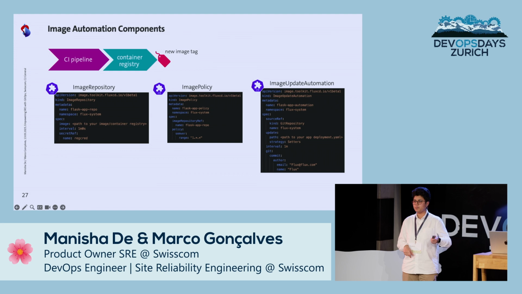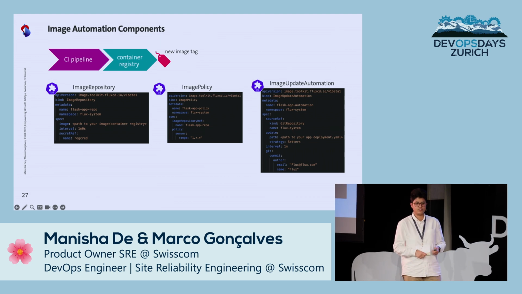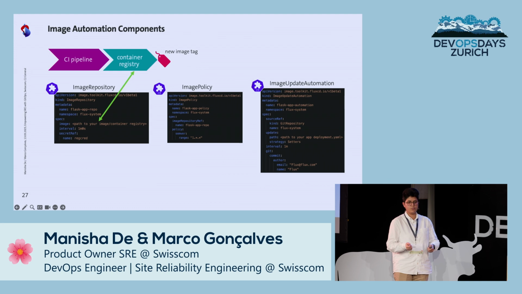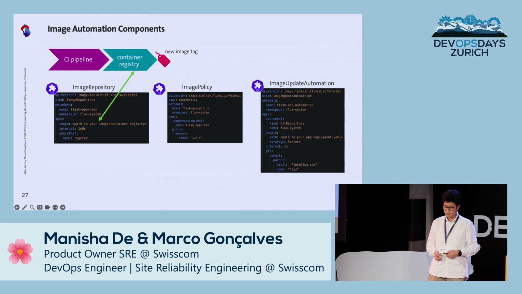We have a CI pipeline releasing a new version of my application as a new tag on Artifactory or any container registry you're using. This is taken into account by the image repository, which scans for a new tag according to the policy that you defined: numeric, alphabetical, or semantic.